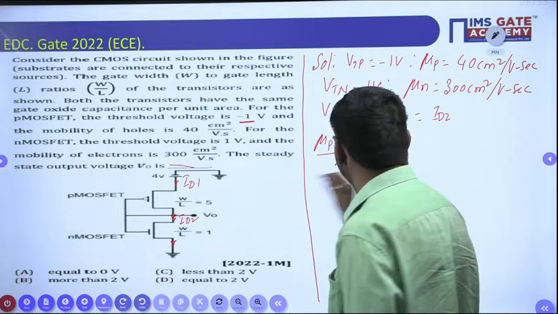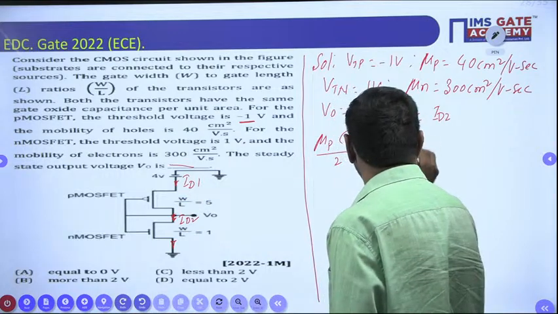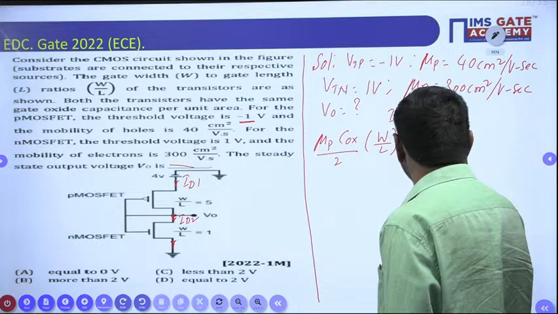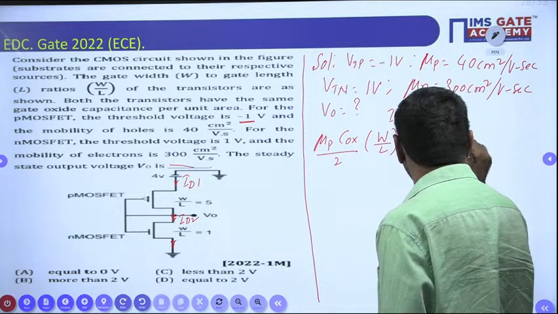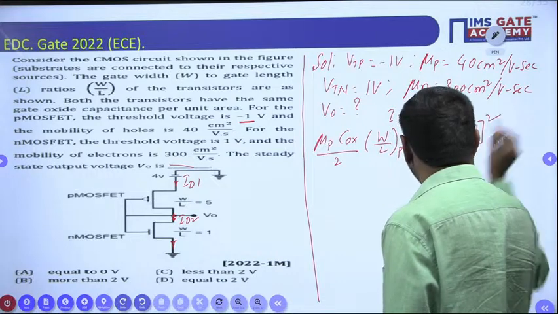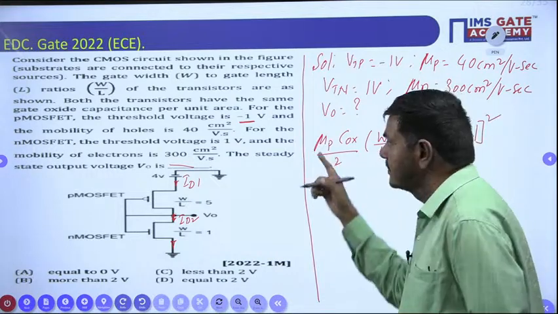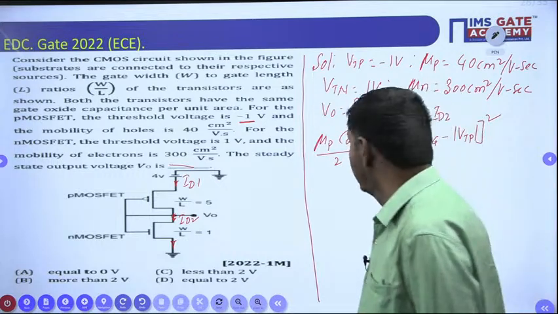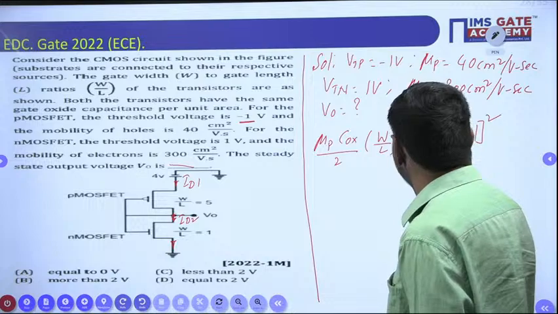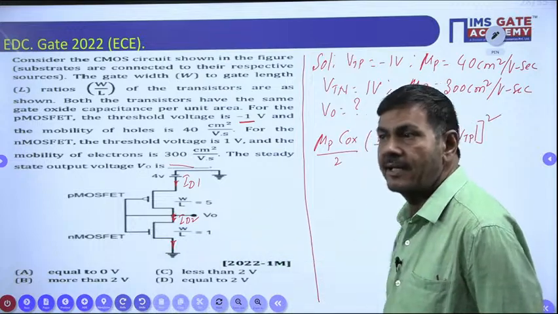for the PMOS into VSG minus the threshold voltage of P, whole square. This is the drain current formula when it is in saturation. This is equal to ID2. ID2 means the NMOS drain current is required.